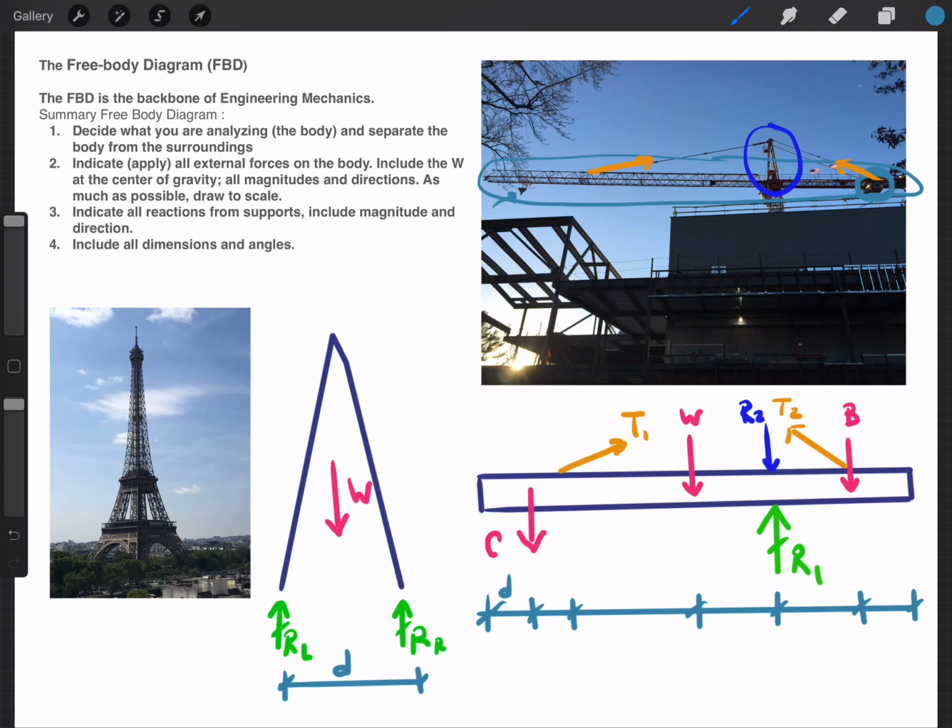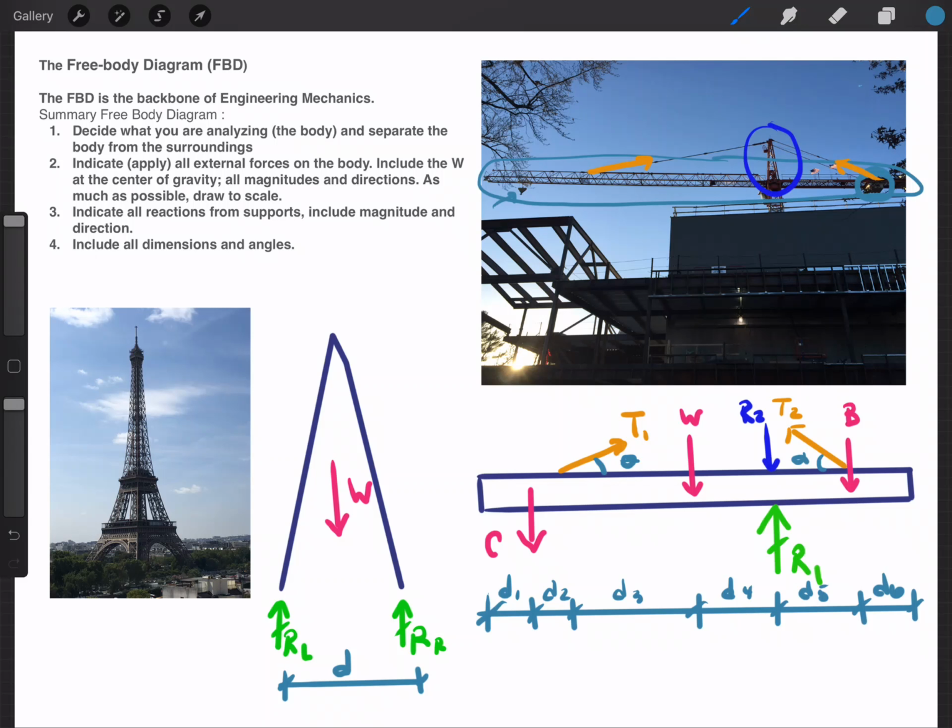I am going to just call the dimensions D1, D2, D3, D4, D5, and D6. There's the free body diagram of the boom. And one other thing we need is the angles here. I don't really know what they are, so we're just going to put them on there as theta and alpha. In reality, we probably would know our dimensions and have some more information here. But this is the free body diagram of the boom.